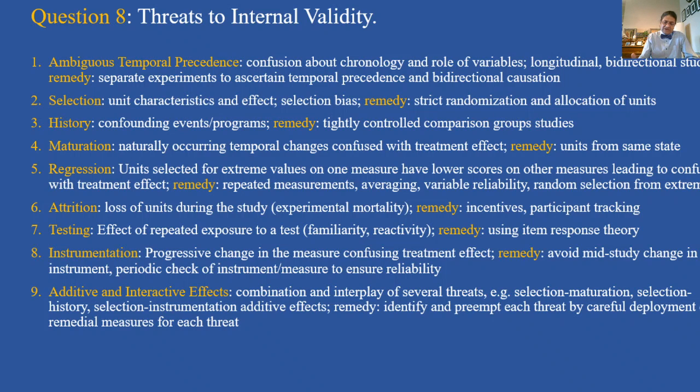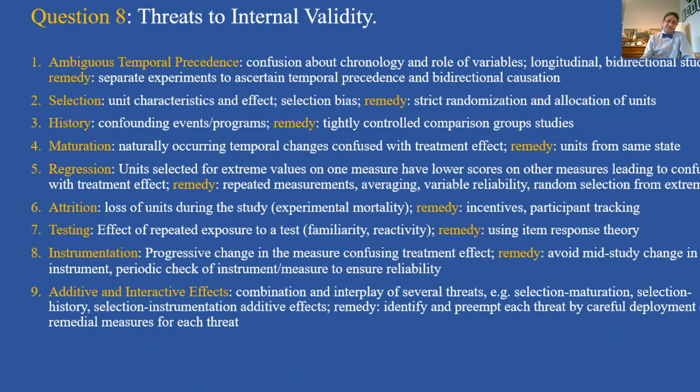Second threat is selection. Selection bias may lead to erroneous effects, as we have seen many times, attributed to treatment as the units have special interest. So the effect may be wrongly attributed to the treatment because of selection bias, as the units have a special interest in the outcome.